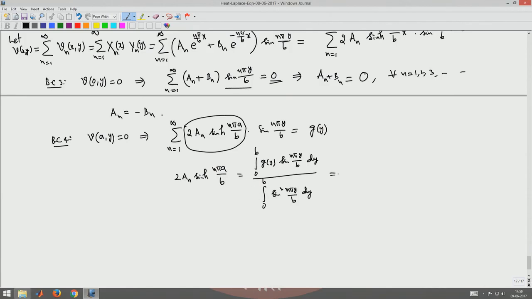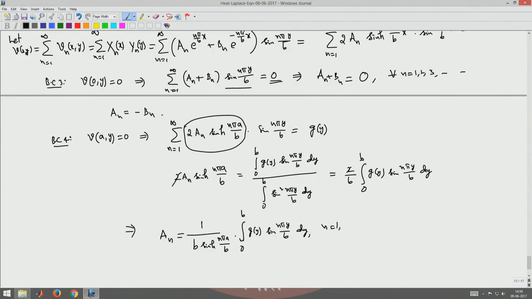So, it is 2 by b times integral 0 to b of g of y sine(n pi y by b) dy. This is how you can get it. So, what you need is a_n. So, a_n is 1 divided by b sine hyperbolic(n pi a by b) into integral 0 to b of g of y sine(n pi y by b) dy, for n is 1, 2, 3 onwards.